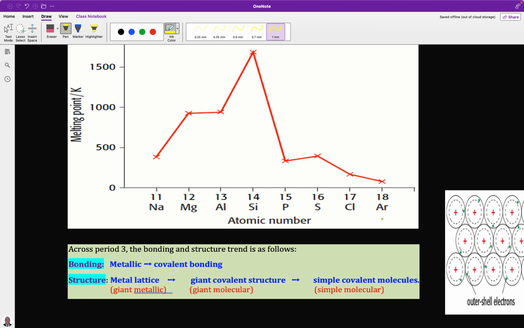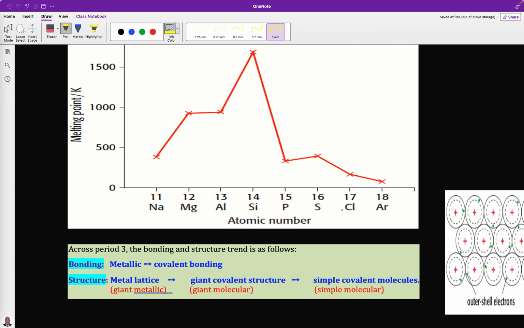So the molecules are held together by weak van der Waals forces, even though there are covalent bonds between the atoms. The intermolecular forces between the molecules are weak. We usually call them instantaneous dipole-induced dipole forces.